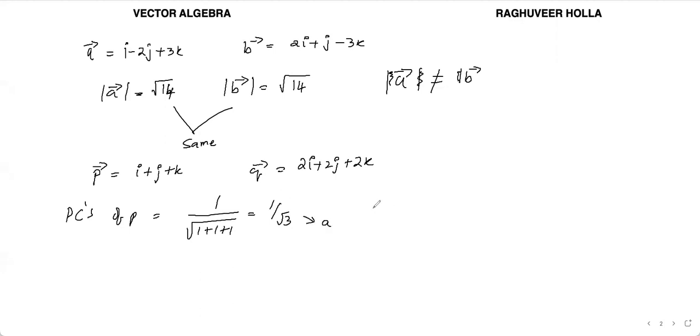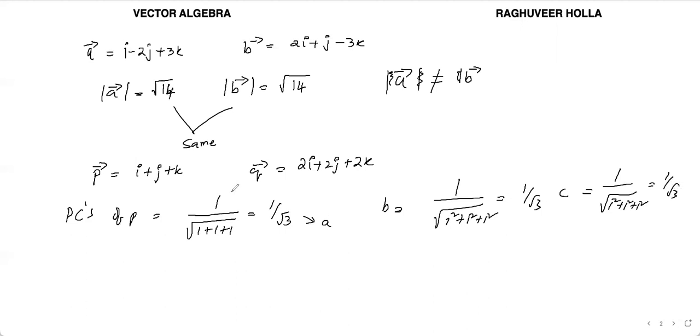And b will be 1 by square root of 1 square, 1 square and 1 square, which is 1 by root 3, and c is 1 by square root of 1 square, 1 square and 1 square, which is 1 by root 3. These are the direction cosines of vector P.